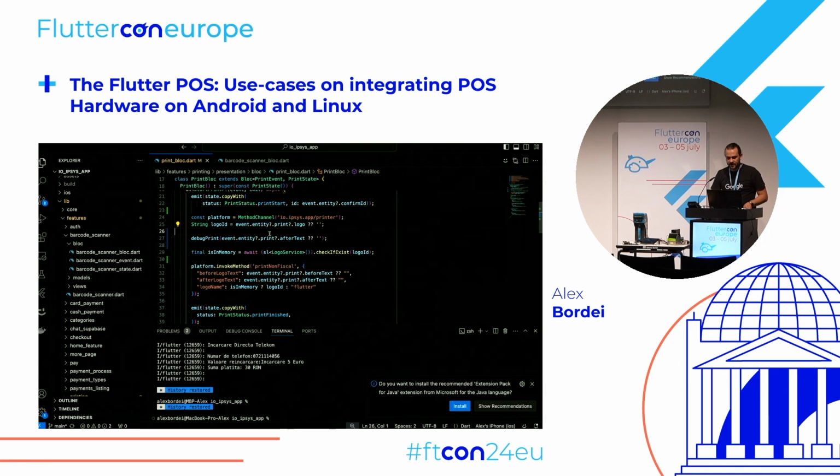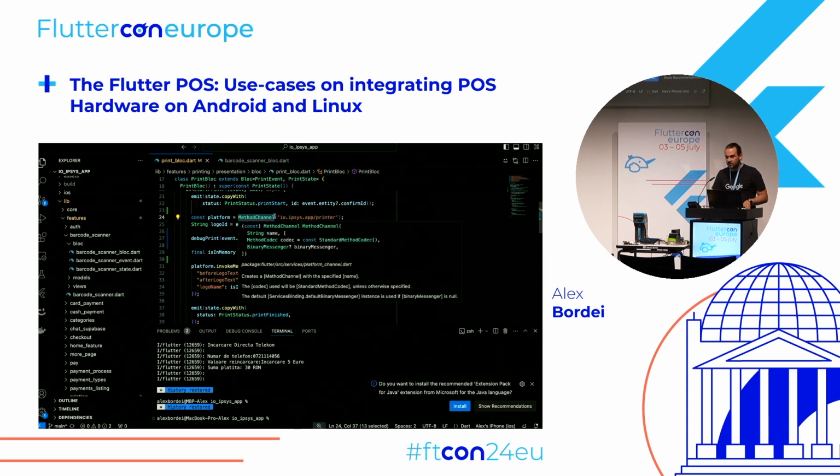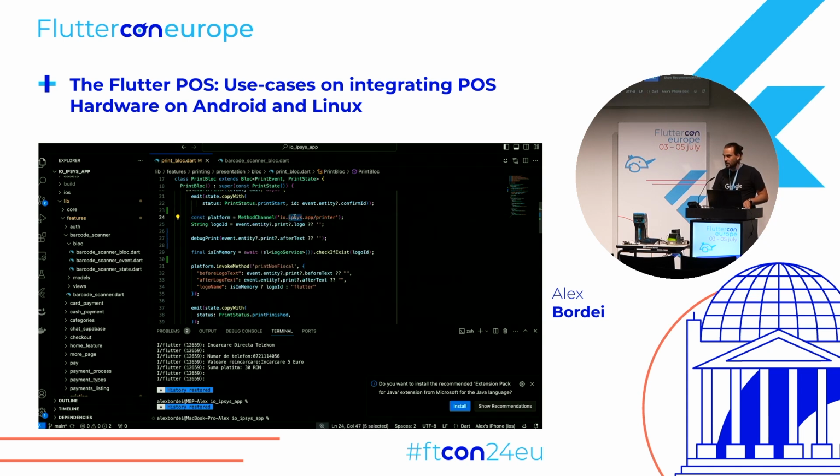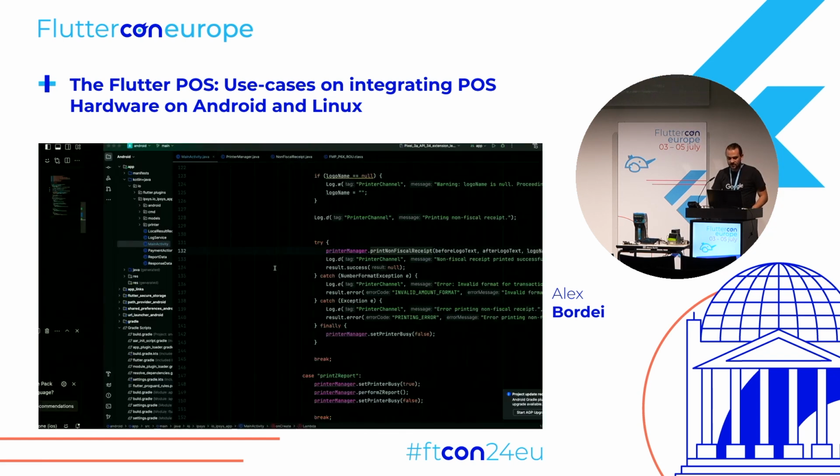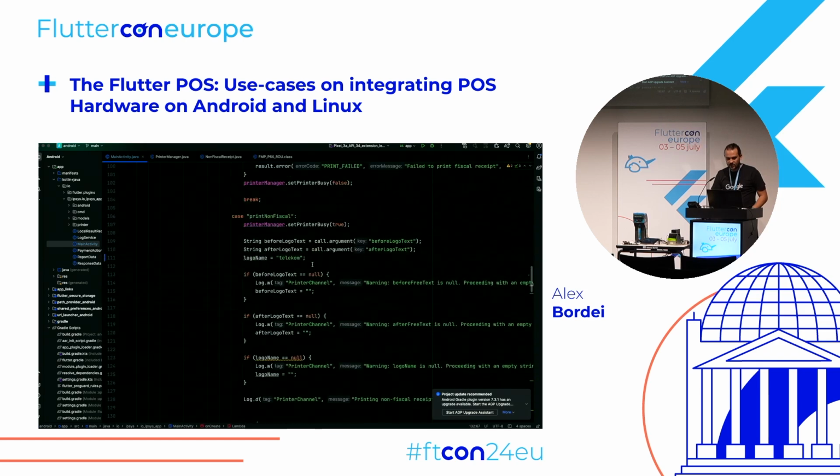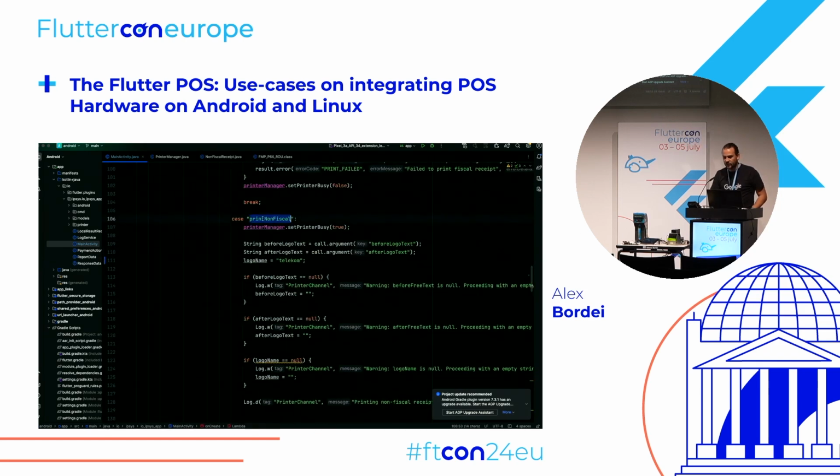On the Flutter side, in order to print what you saw there, we just created an instance of method channel on the channel that we just named. And we invoke the method. You saw in the switch that we are doing a case for print non-fiscal.